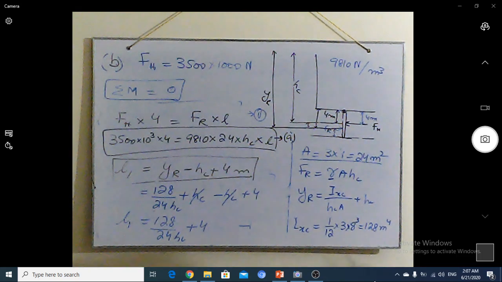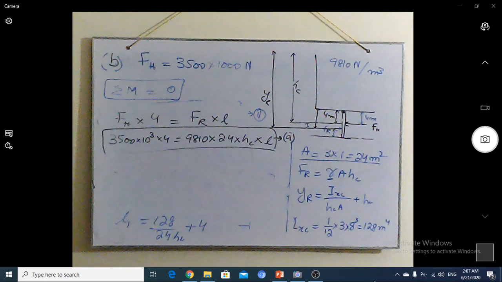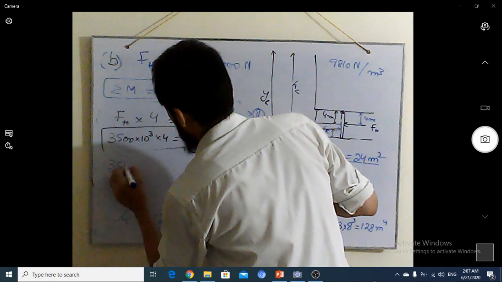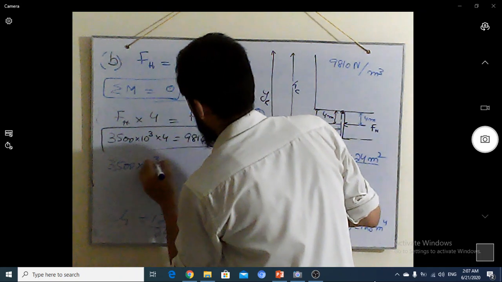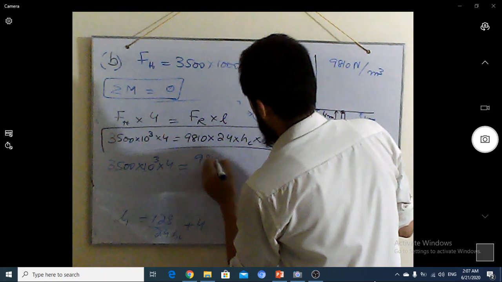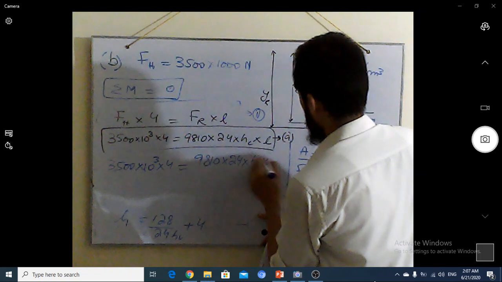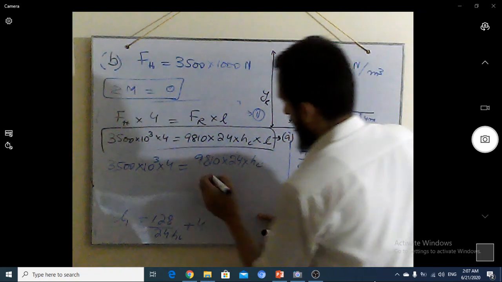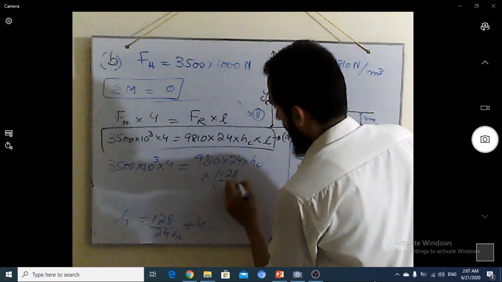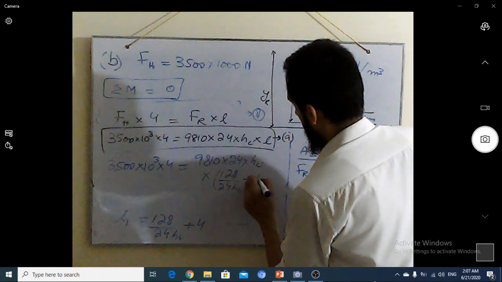So 35,000 raised to the power 3 multiplied by 4 is equal to 9810 multiplied by 24 multiplied by HC multiplied by this complete factor, 128 over 24 HC plus 4.